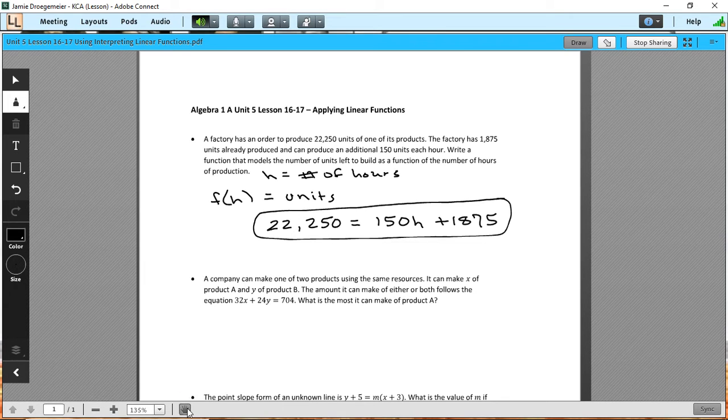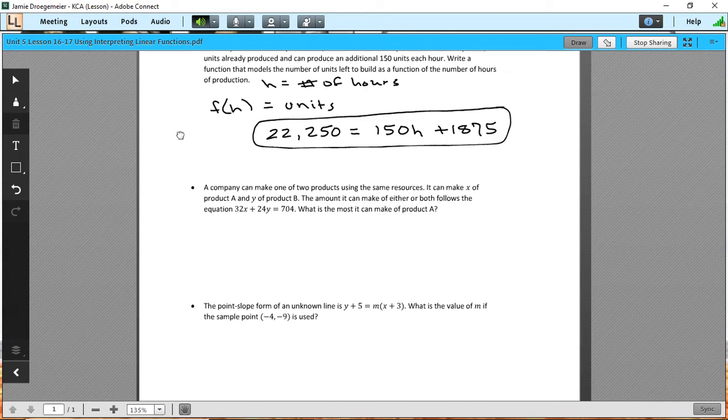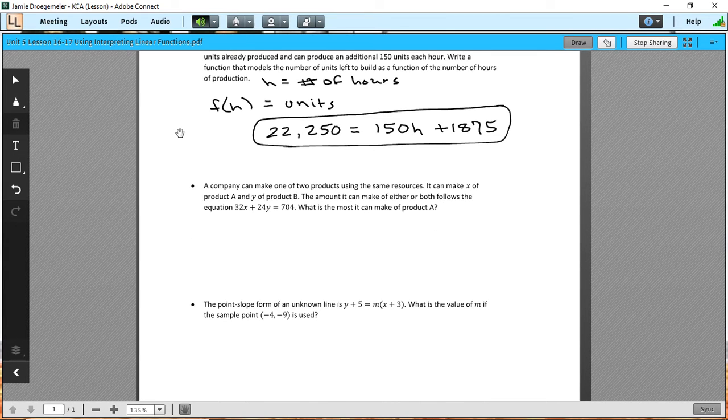All right, in the second one, it says that a company can make one of two products using the same resources. It can make x of product A and y of product B. The amount it can make of either or both follows the equation 32x plus 24y equals 704.